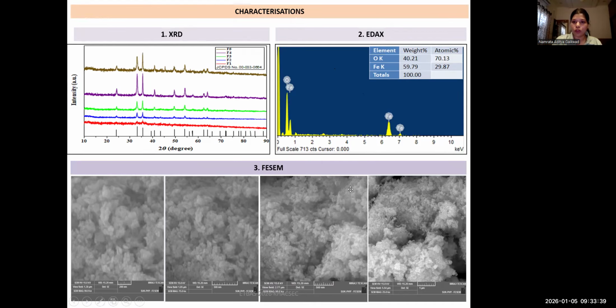Further, to check the morphology of the synthesized nanoparticles, I performed FESEM, which showed that the nanoparticles were well in the range of 50 to 110 nanometers, which is acceptable from the literature point of view as nanoparticles. So this is the characterization that I underwent.